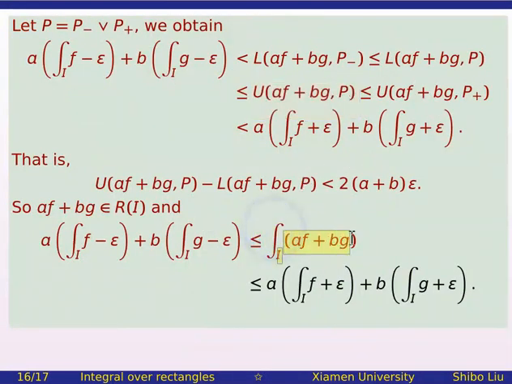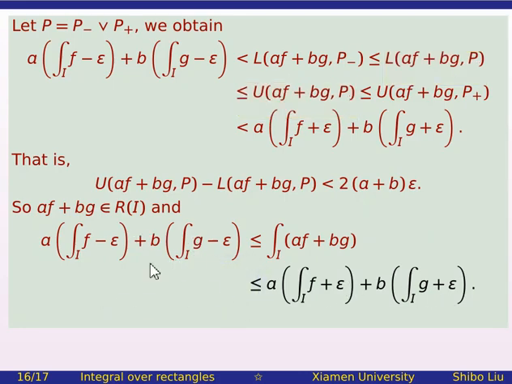This integral of AF plus BG will lie between these two numbers. So we can copy this inequality for getting everything in between, replacing by the integral, because this integral lies between these two numbers. Okay, so we have this inequality.